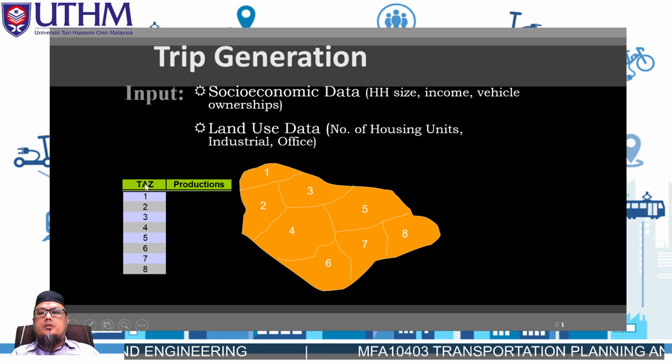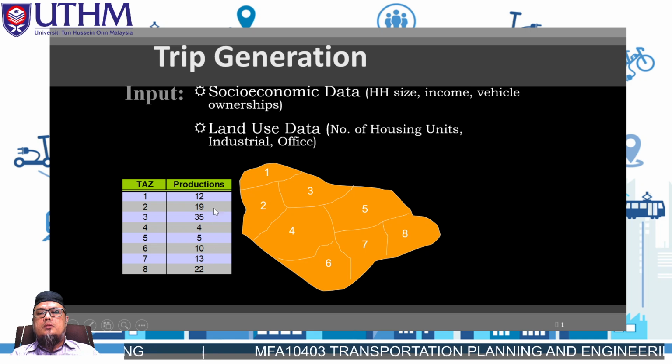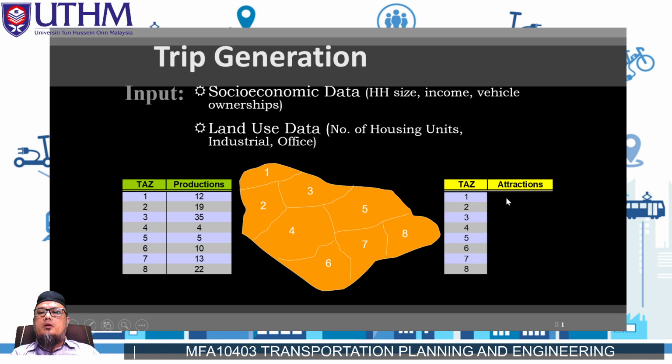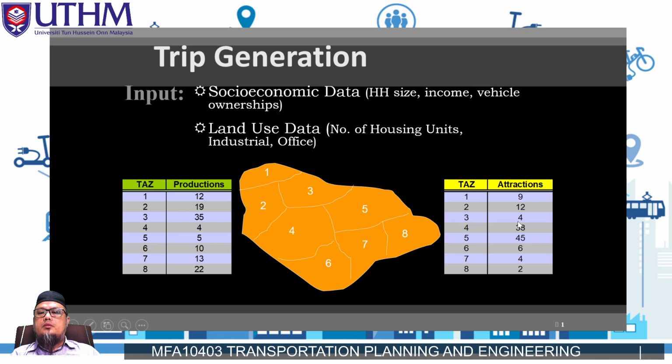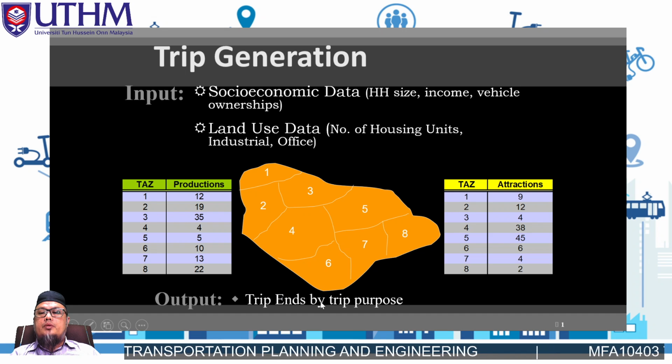So this one is the traffic zone. Let's say we have 8 zones. This is production, the typical one, just an example. Another one is attractions. They also have a number of trips by attraction.